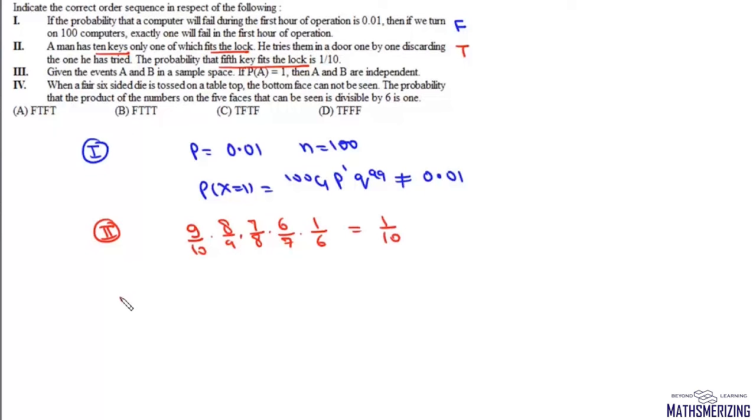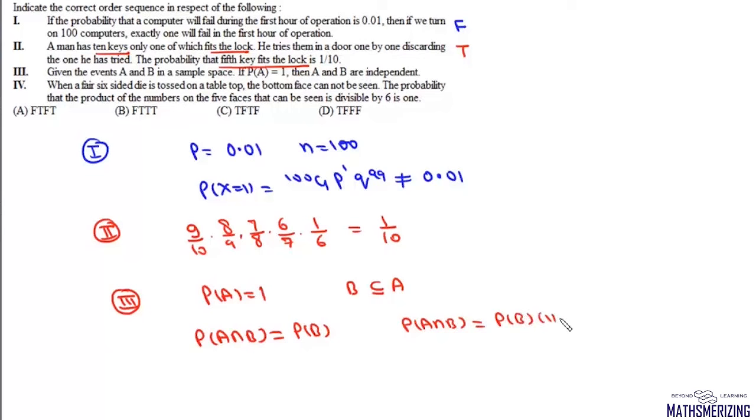Now we know that if P(A) equals 1, then B is a subset of A, then the probability of A intersection B will be equal to the probability of B. Now we can also write this as probability of A intersection B equals probability of B into 1, and this 1 is nothing but the probability of A. So we can write this as probability of B into probability of A. So that means this third one is also true.